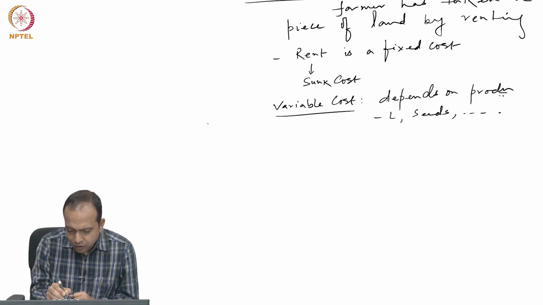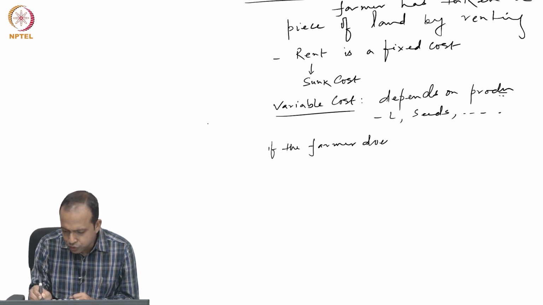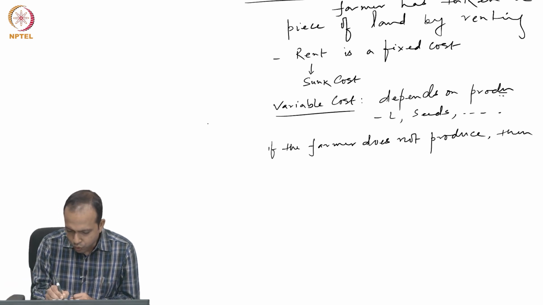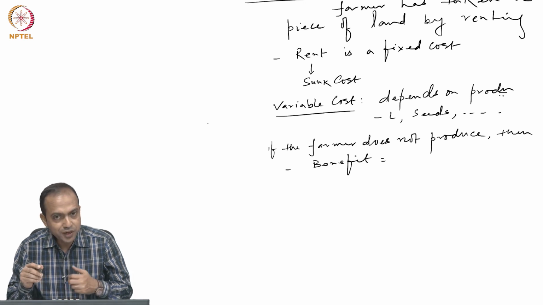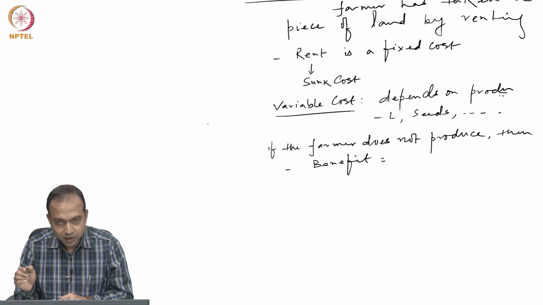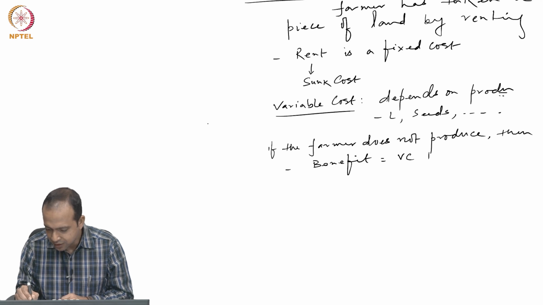So, if the farmer does not produce or shuts down, then what is the benefit? Can you think of? If I do not produce, what is my benefit? Benefit equals the variable cost that you can save. Okay. So, variable cost or VC that is saved.